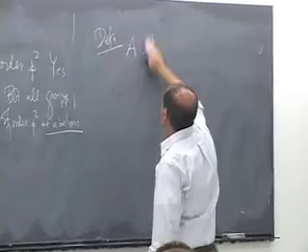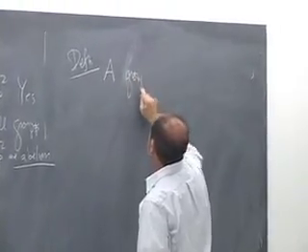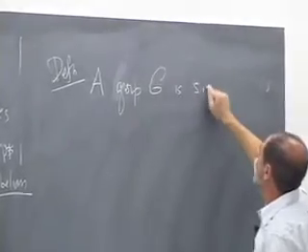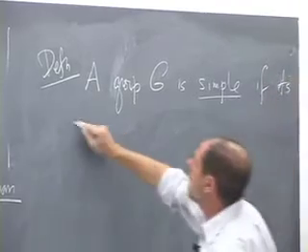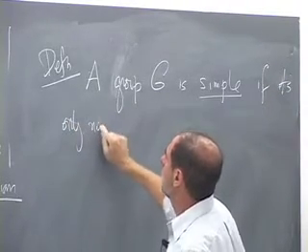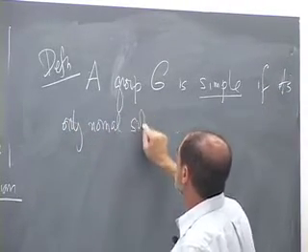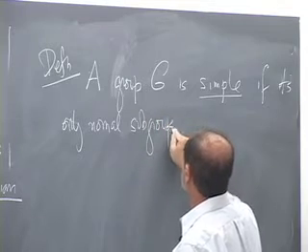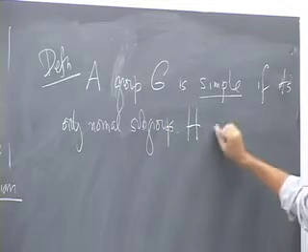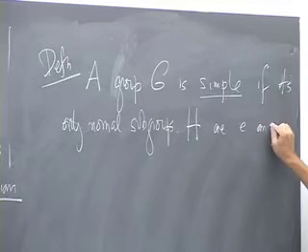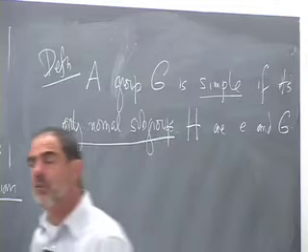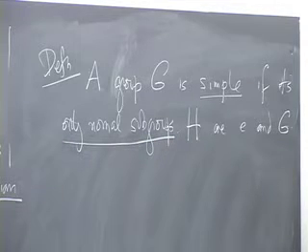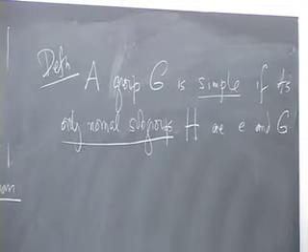A group is simple if its only normal subgroups H are E and G. So if you only have 2 normal subgroups, then you call the group simple. We're going to see why as we go on. It means you can't break it down into 2 smaller groups.